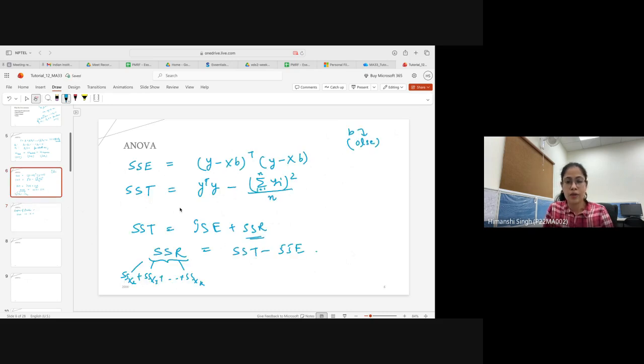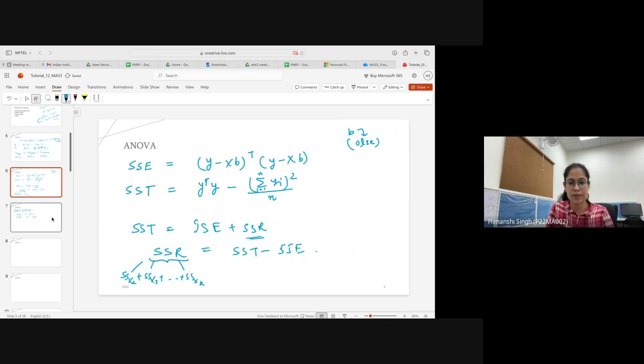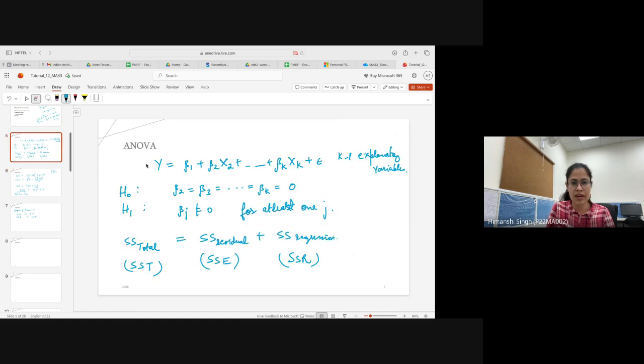And for the residuals, we have already studied that because of the errors, the degrees of freedom for SSE is n minus k. Here you have to make sure which k you are talking about. I am writing k because I have taken this model, so we have k minus 1 explanatory variables.